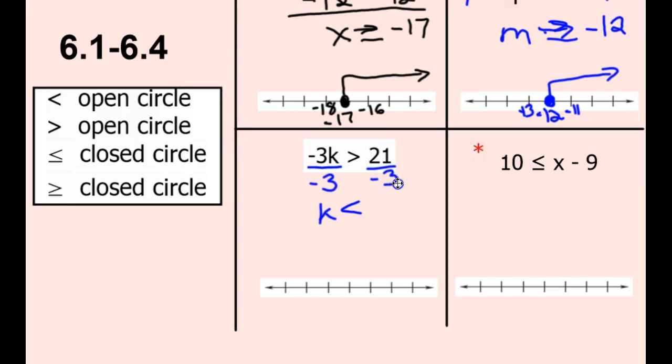So 21 divided by negative 3 is negative 7. It's an open circle at negative 7, pointing to the left this time. So negative 6 is 1 greater, and negative 8 is 1 less.